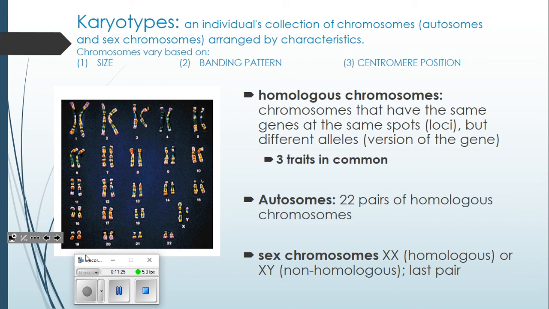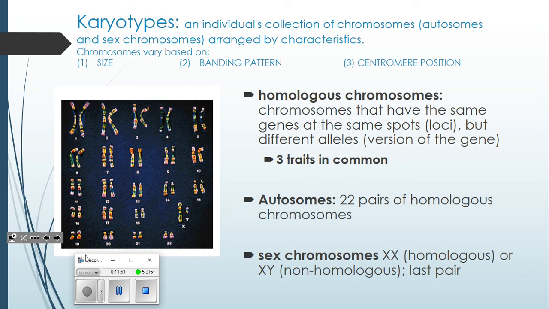That means that these 2 chromosome number 1s, one from mom, one from dad, they're not identical, right? They're similar. It's the same chromosome. It's the same length, has the same centromere position, but it's going to carry slightly different information. So in the description of homologous chromosomes, they are chromosomes, like those 2 number 1s, that have the same genes at the same spots.